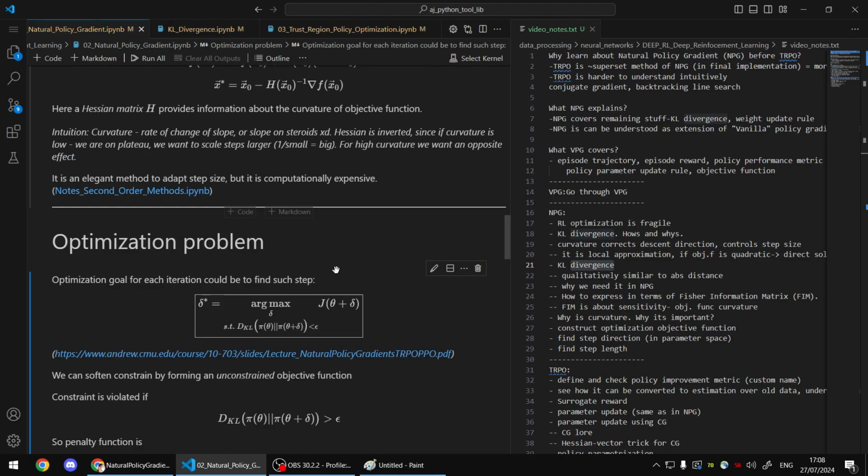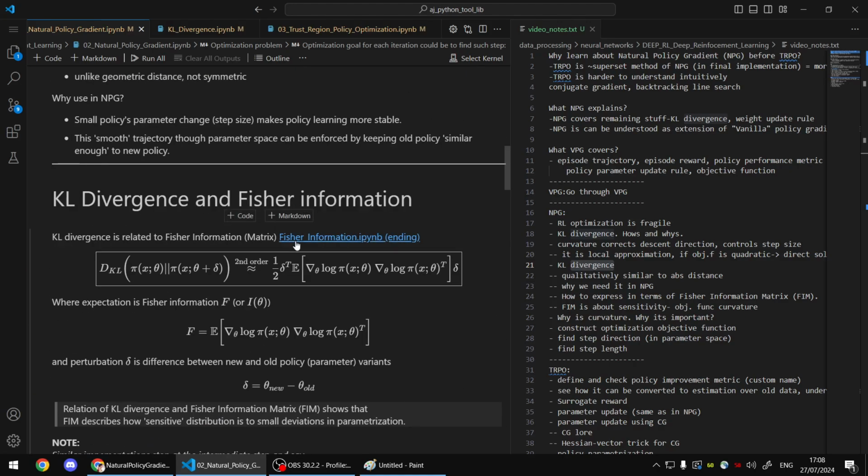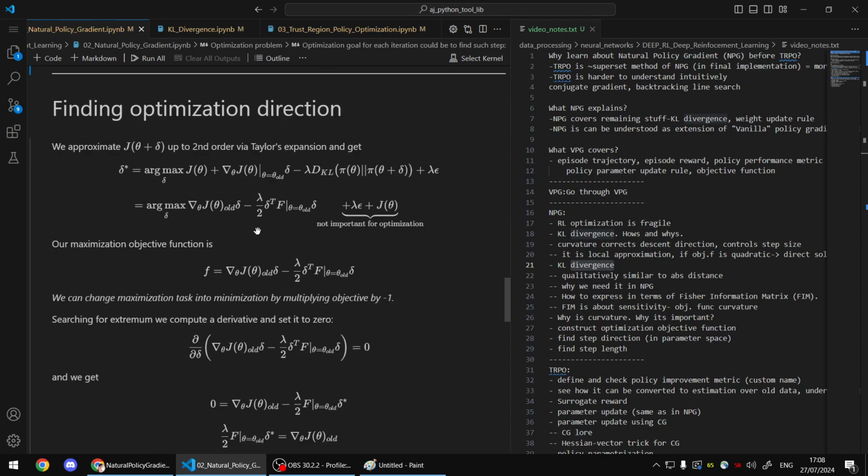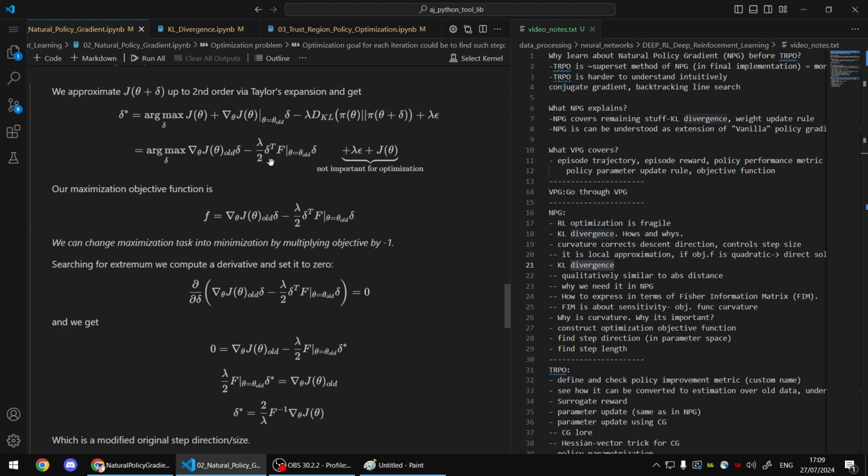Of course, we approximate it using second order, and we just replace it. And that's what we get. Our task is the gradient of performance times delta and the KL divergence. And the remaining factors, as you will see, if we're optimizing something, are just constant with respect to our task. And so this is our objective function.